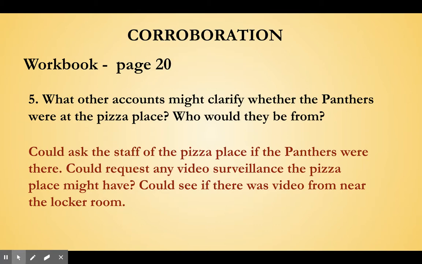And then I said you could go to the school and see if there's any video showing the door to the locker room that got vandalized, because then you could see who went in, who might have done the vandalizing. So that's what I thought.